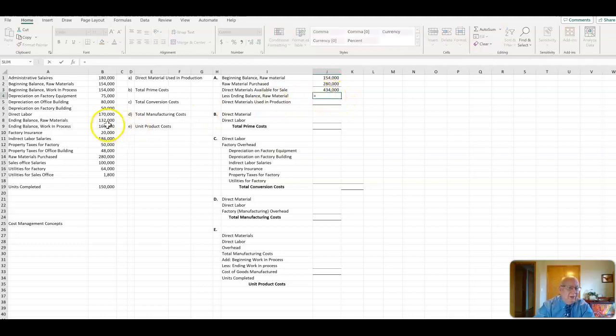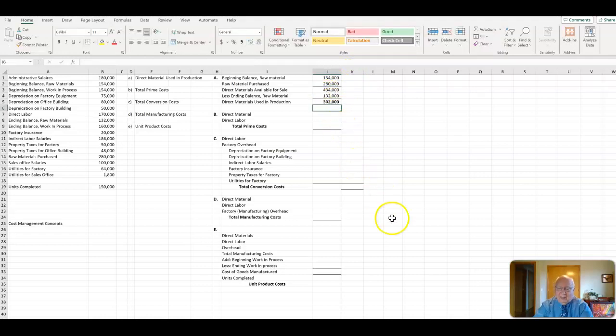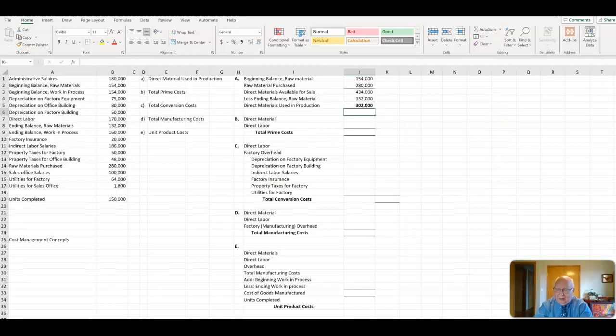We want to subtract off ending raw materials of 132,000. So the raw materials used is 434 minus the 132, and I'll make that a little bit larger so you can see it better. Okay, so 302,000 is our materials put in production.